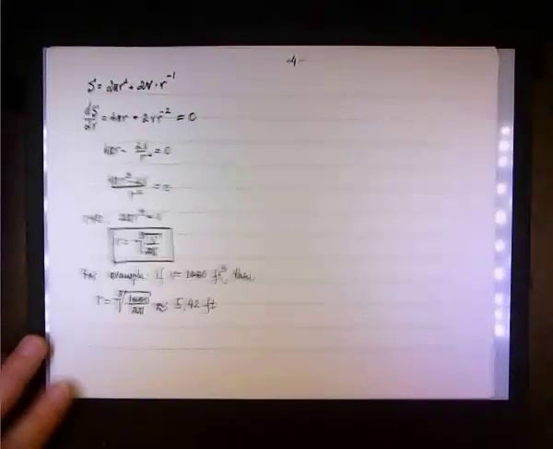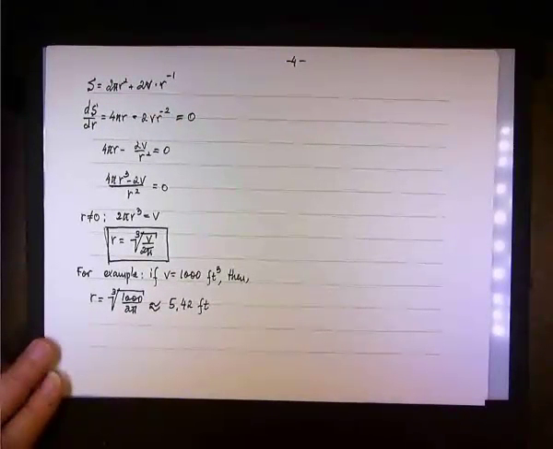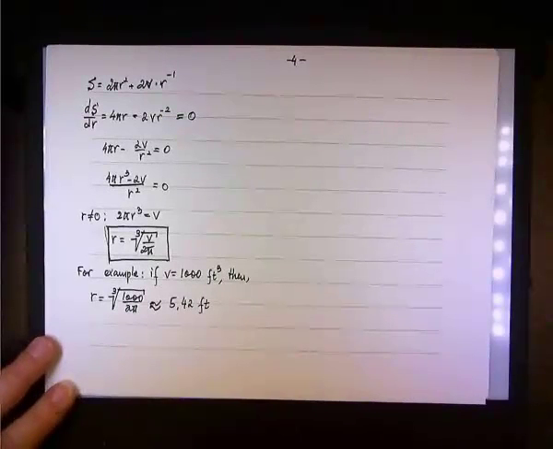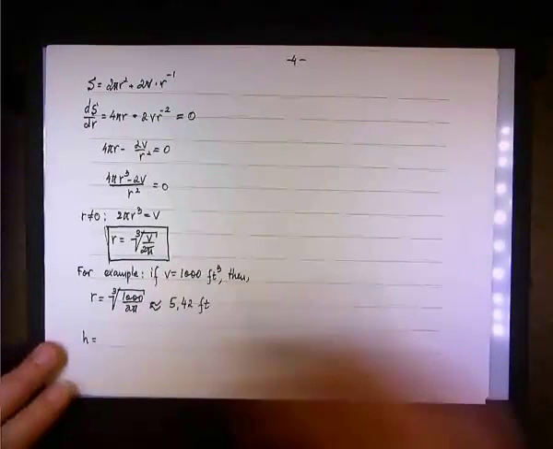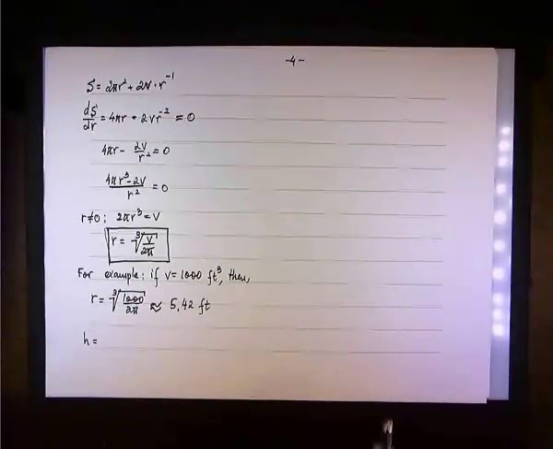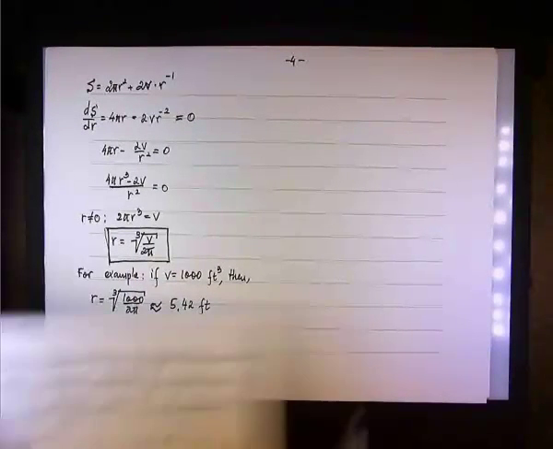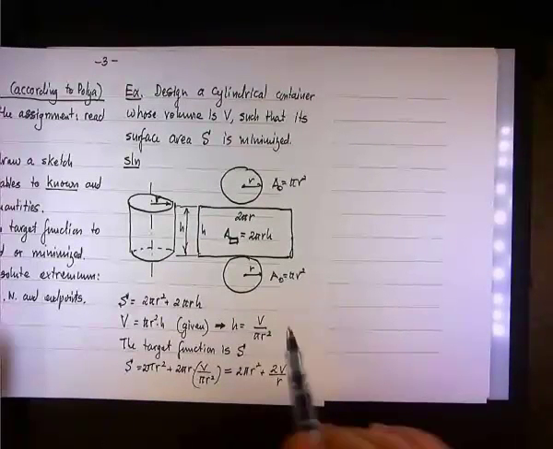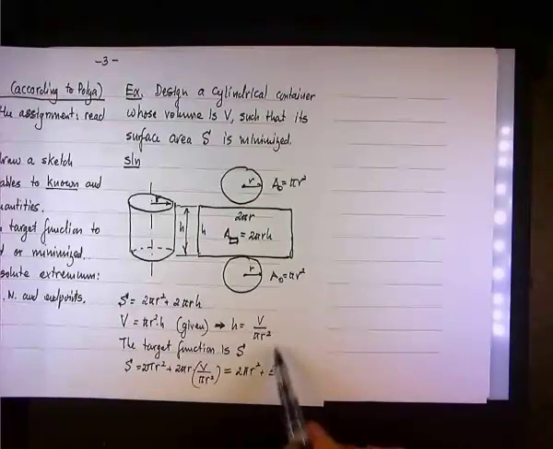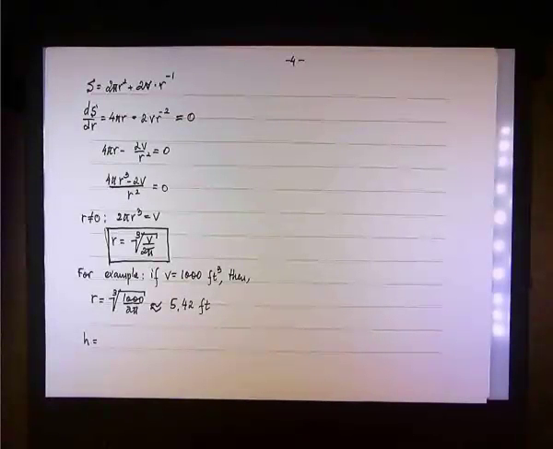All right. Now, the thing is we need to find h as well. We are not out of the woods yet. So what is h? Well, h, we had it in the previous page, V divided by pi r squared, right? So we need to work on this one.